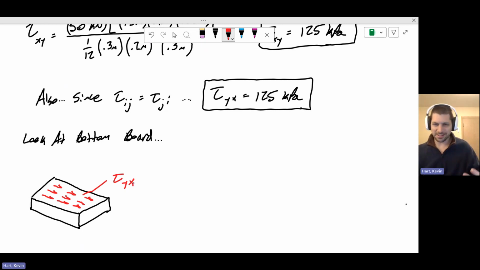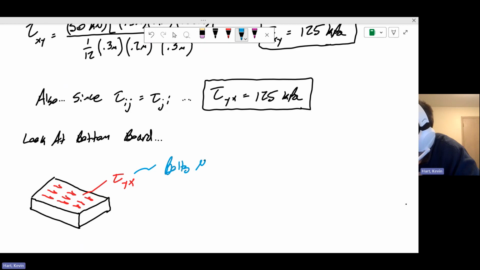And this would be in existence sort of between those two boards. It's this shear stress that you need to hold with the bolts. Now, those bolts are at some spacing S. So this is what we must stop from moving these two things together. And so bolts must hold this at midplane.